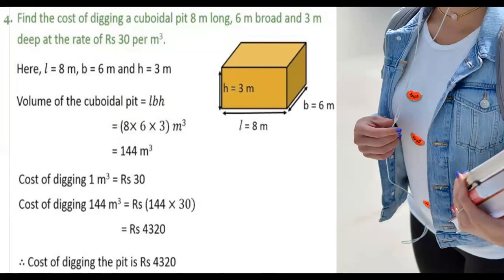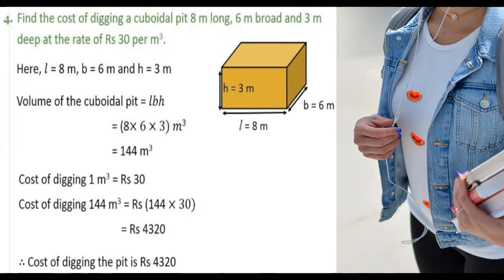So when we talk about meter cube, it means that we are talking about the volume. So volume of the cuboid pit is length into breadth into height. Substituting the values of L, B and H, we get the volume as 144 meter cube.